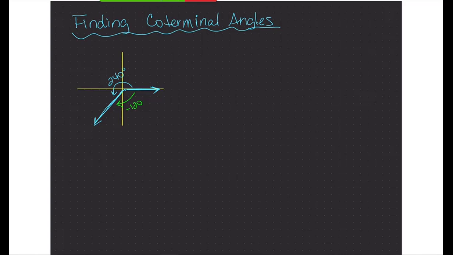All right, let's try another one. I think you guys got this, so we're going to get all fancy. So I got another little coordinate plane. I got my little initial side. My initial side is always going to be on that x-axis.